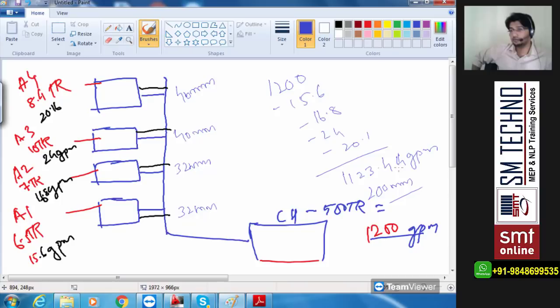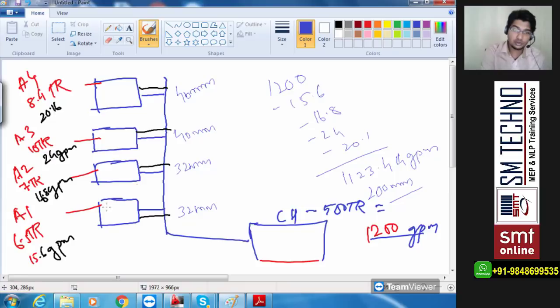Please do the calculations once again and reconfirm. Correct? 1123.44. Now check for 1123.44, what is the pipe size? Same 200 mm, right?